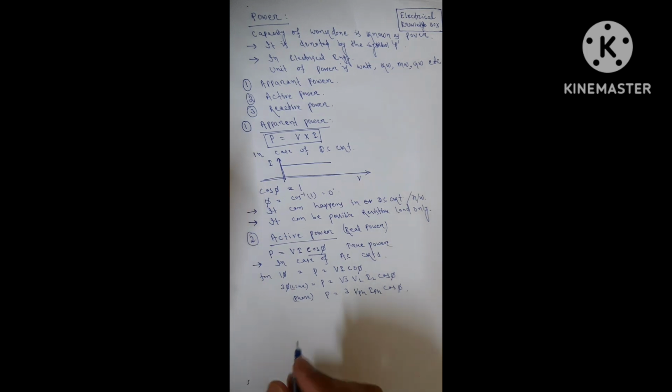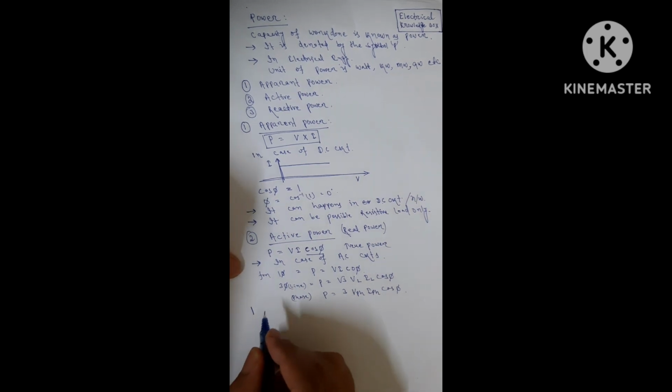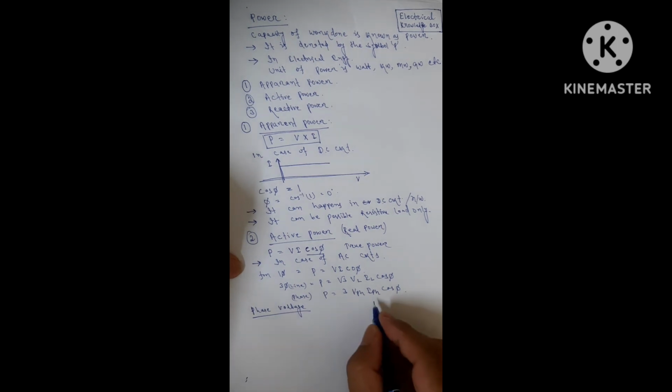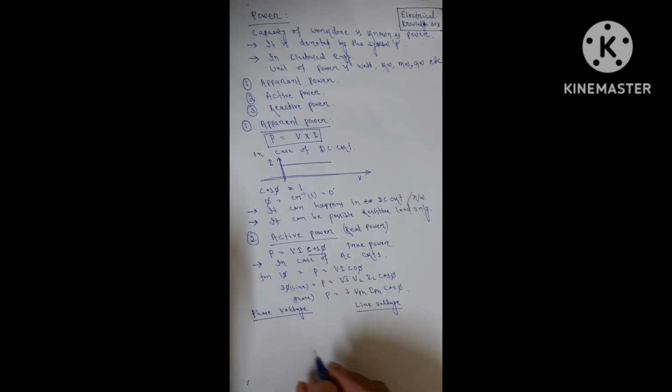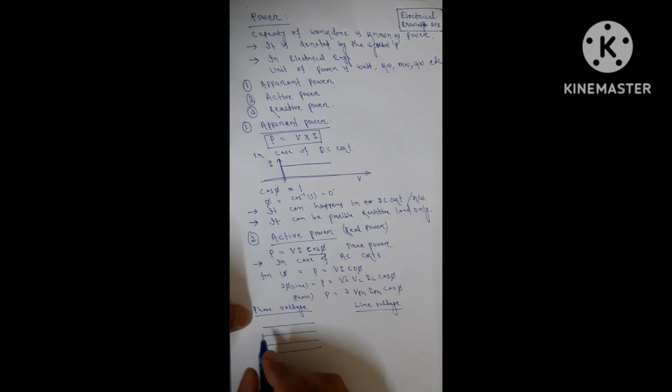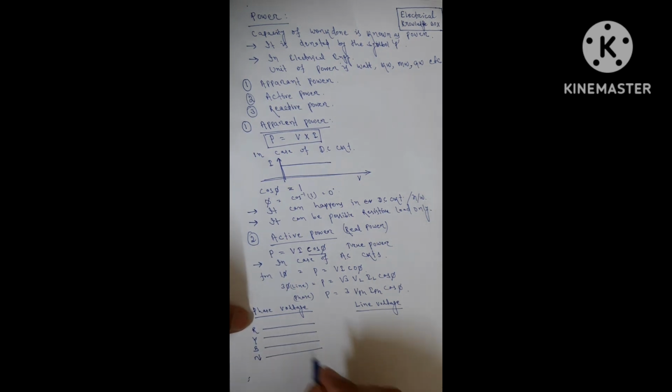What is phase voltage? First we will see phase voltage, and another one is your line voltage. Now if you draw three lines, suppose this one is your R, Y, B, and this one is your neutral.